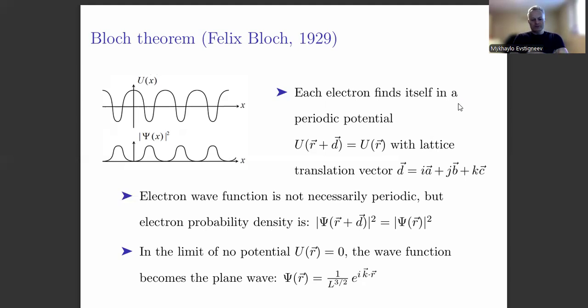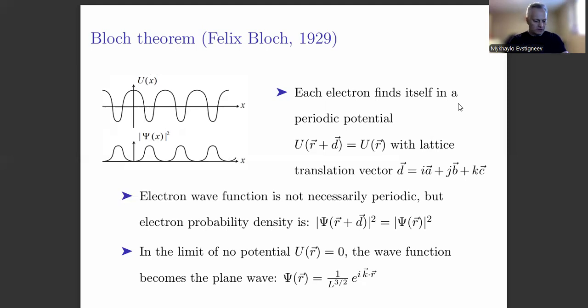All right, so we have a crystal. Each electron in a crystal finds itself in a periodic potential. That potential is generated by the positive ions that form the crystal lattice, sitting in the nodes of the lattice, and by other electrons. So let's say the crystal has 10 to the power 27 electrons, and you are focusing on just one electron.